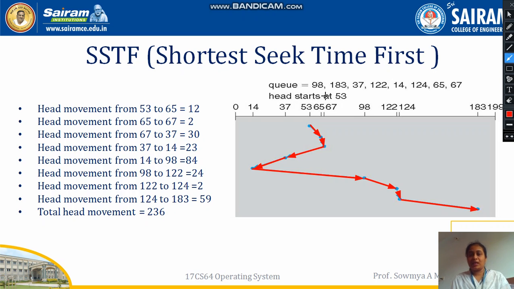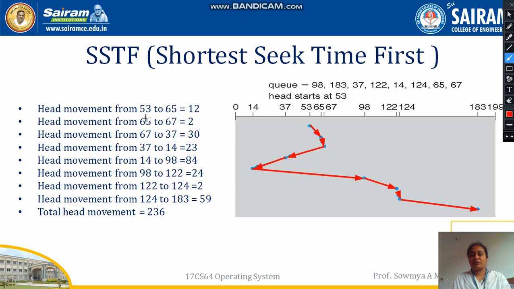For 53 in the queue, nearest value is 65. For 65 it is 67. So shortest seek time first scheduling is done based on the nearest distance to the current head position. So after finding the scheduling order, calculate the head movement for each movement.